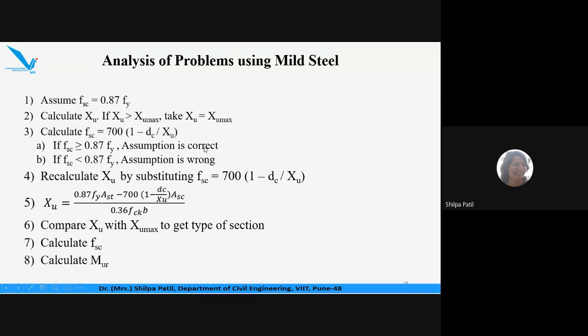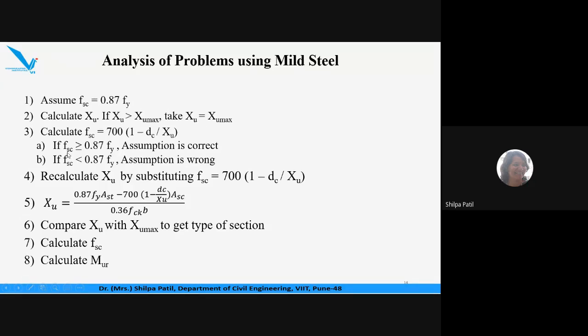When we discussed the derivation of the FSC formula, it is clearly mentioned that we have to limit this value to 0.87 FY. Similar to XU value, suppose your XU value is greater than XU max, we simply consider XU equal to XU max.